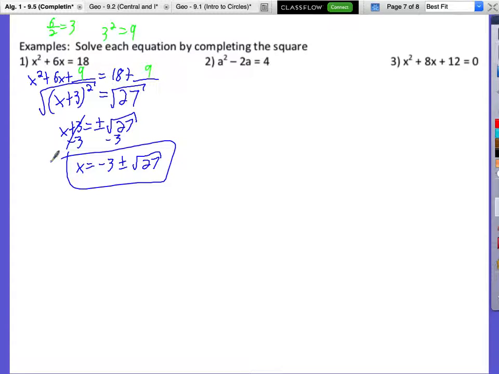What do you do to this side too? Close. Okay. So, what's happening here? So it goes in this parentheses.